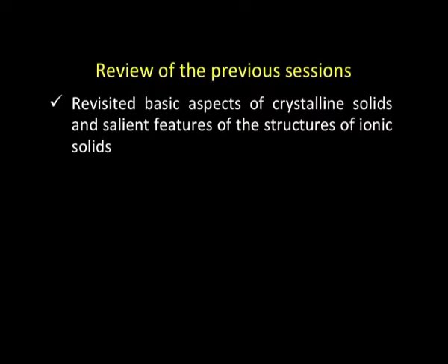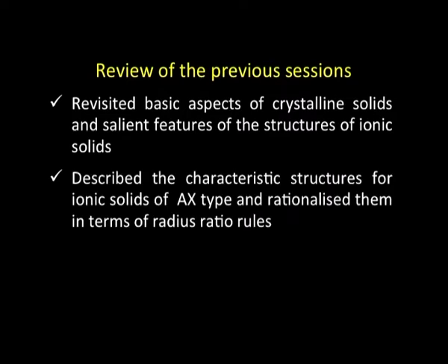What we basically decided was that in the past few sessions we revisited the basic aspects of crystalline solids and then took up the salient features of the structure of ionic solids in general. Thereafter, we described the characteristic structures for ionic solids of AX type and then rationalized them in terms of the radius ratio rules and things like that.